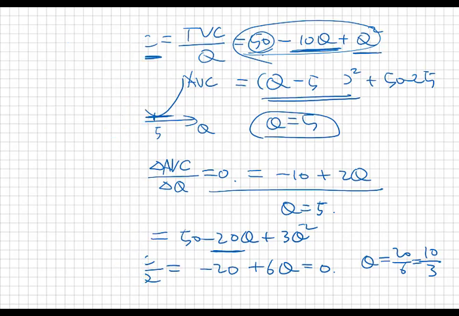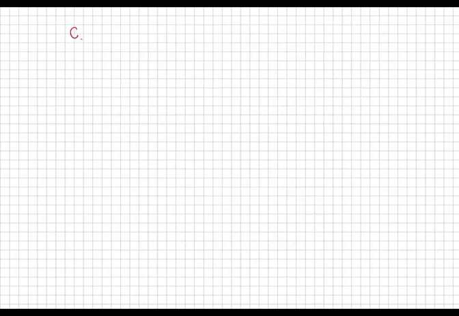So that's question B. Question C. What is the value of average variable cost and marginal cost at the output specified in the answer to part B? In part B, we found Q equals 5, and we need to calculate marginal cost and average variable cost when Q equals 5.